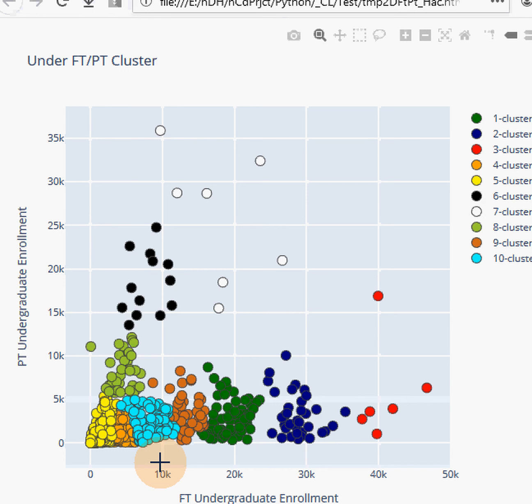People still come out with different ways of doing the clustering and different ways of finding the peer analysis. And in this particular one, I'm using what they call the hierarchical clustering method. The one problem with this method you can see is, for example, for the white cluster, they spread out a lot.